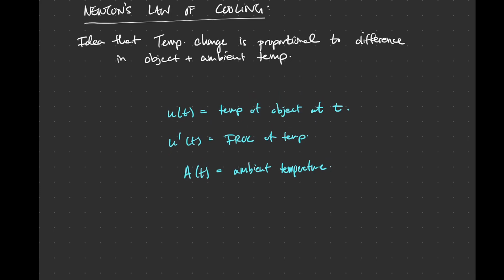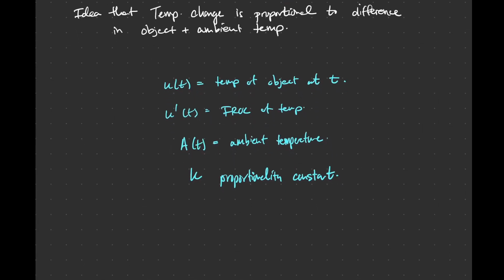And we're going to need a proportionality constant, which is how we say that, and so we'll call that k. And so we have all the names of things.